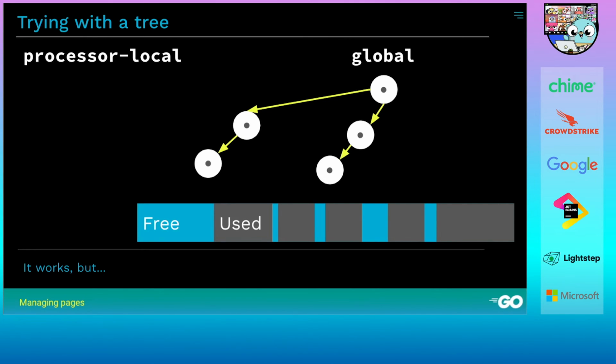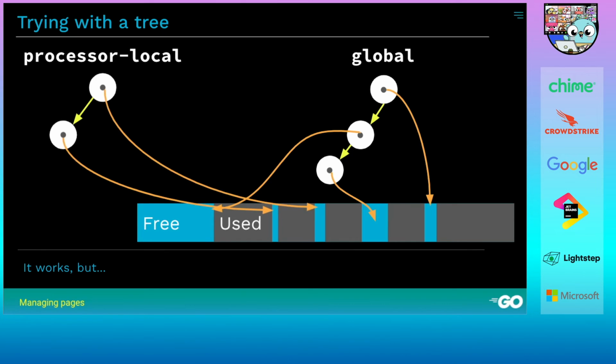So all these nodes reference some free part of the heap, and we get arrow spaghetti. So now when we allocate to the processor local cache, we take some of these nodes. But then what happens when we want to allocate from this cache? We basically have a processor local tree here. We just have another tree.